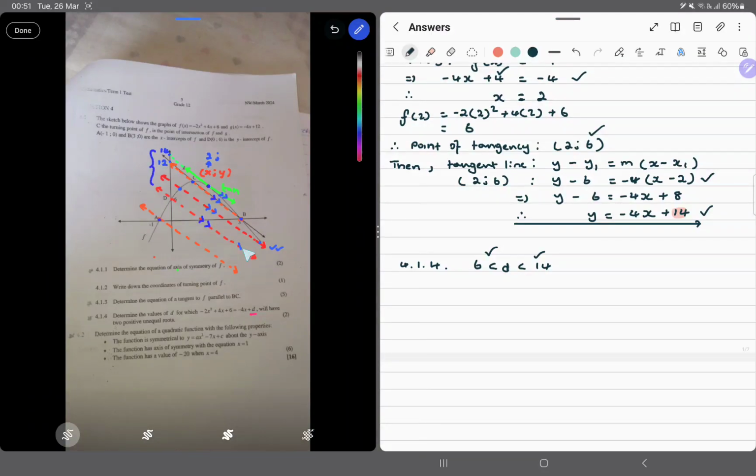Otherwise, all these other lines did not help. This one did not help, and that one did not help. But the line of G or this line, they are both the solution. So we could see that anything in between 6 and 14 in terms of the y-intercept for that gradient of -4 will cut the parabola twice, such that the x-coordinates at the points of intersection are positive.